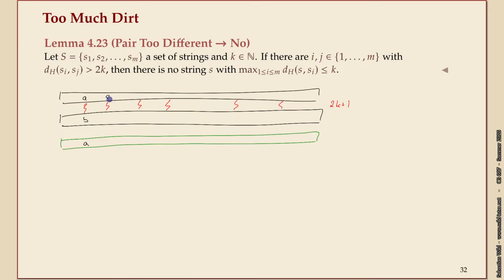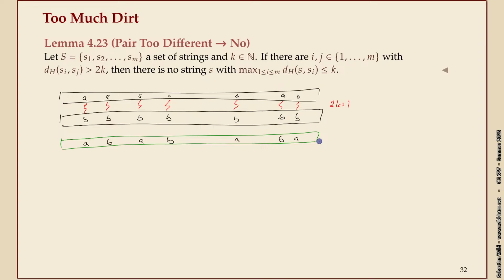So say this is always A and B, just to make the notation here easier. No matter how you try to balance things out, maybe you go alternating between the two. So this is a strange 2k plus 1 because it's an even number. Let's add another one. And then here, maybe you go back to A. No matter what you do, you will pick one of the strings in the majority of the cases, which means the other string has a difference to the green consensus candidate of at least k plus 1.